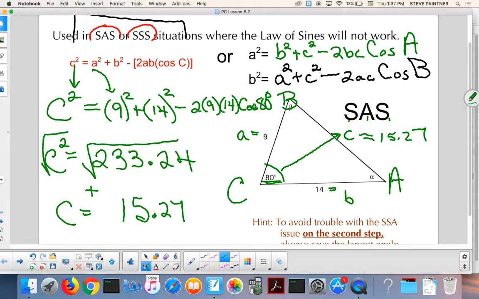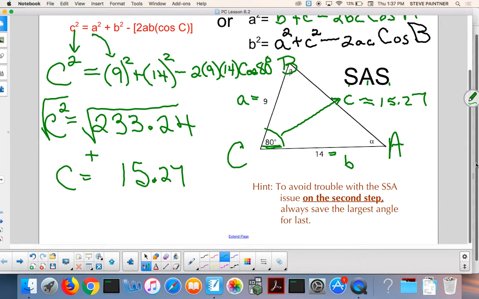15.27. Okay, what am I missing now? Angles. Two angles. Okay, now I gotta read this to you because I want you to know this. It says hint, and this is not a very good problem for this hint, but it says to avoid trouble with SSA. SSA is this stuff.